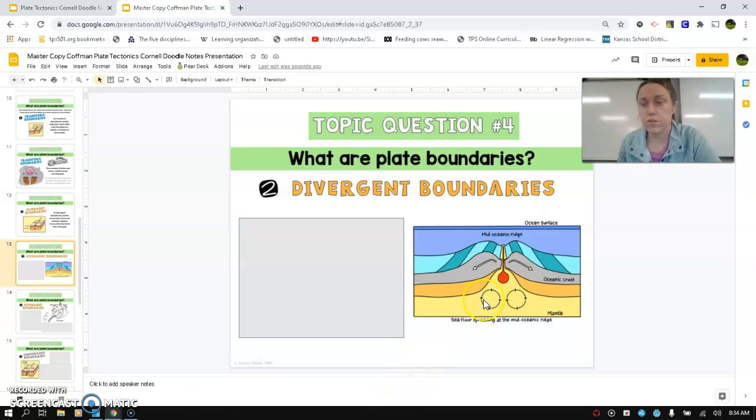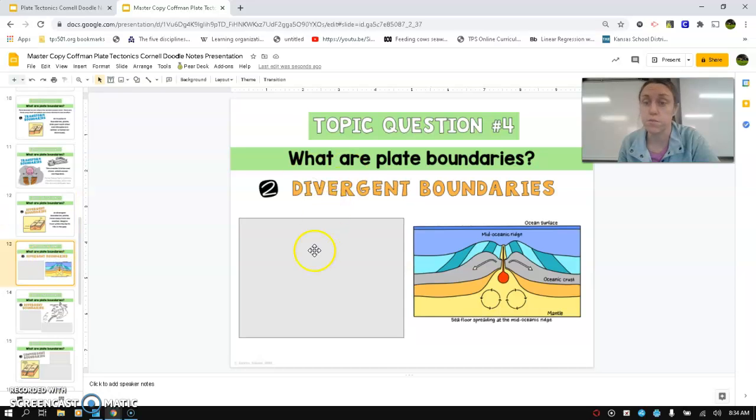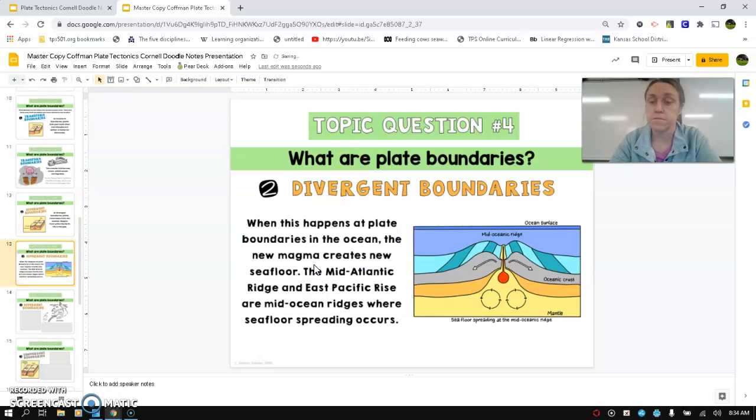So if you notice, there's the convection current going right here, a little plume, and the mid-ocean ridge, and an oceanic crust going to each side. Now, they did symbolize that a little bit different than the continental crust. Okay, that's pretty important.